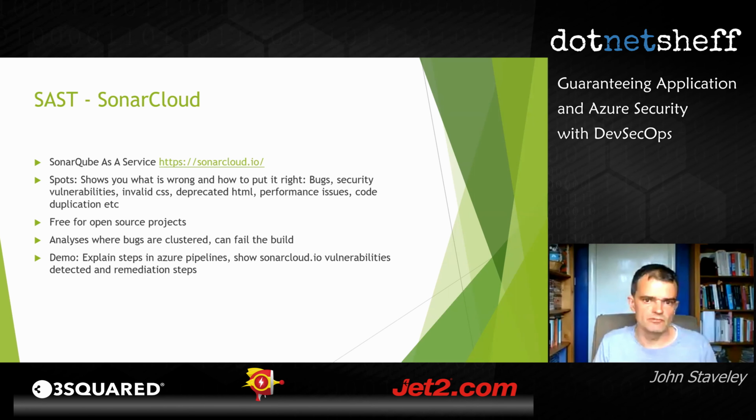So lots of bugs, security vulnerabilities, code smells, invalid CSS, deprecated HTML, performance issues, code duplication, and all that kind of good stuff. You can analyze where bugs are clustered, if bugs got introduced on a Friday afternoon regularly, or if Joe, the developer, has lots of issues clustered around his code, all that kind of stuff. And it can fail the build if you need it to.